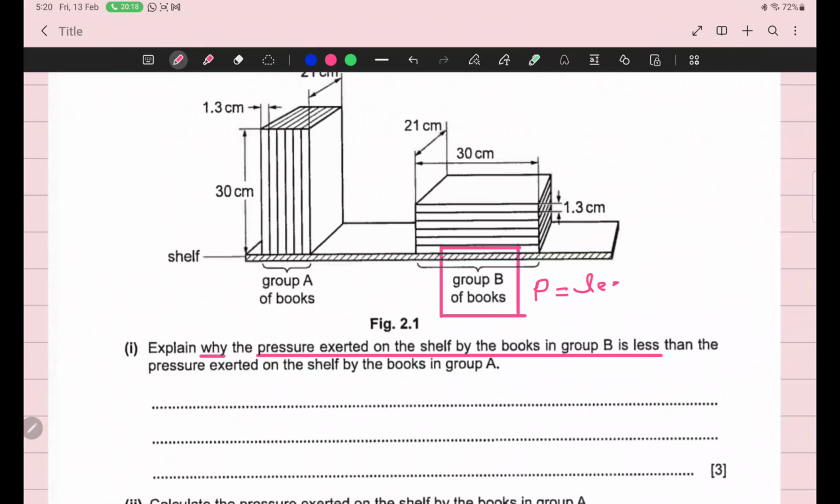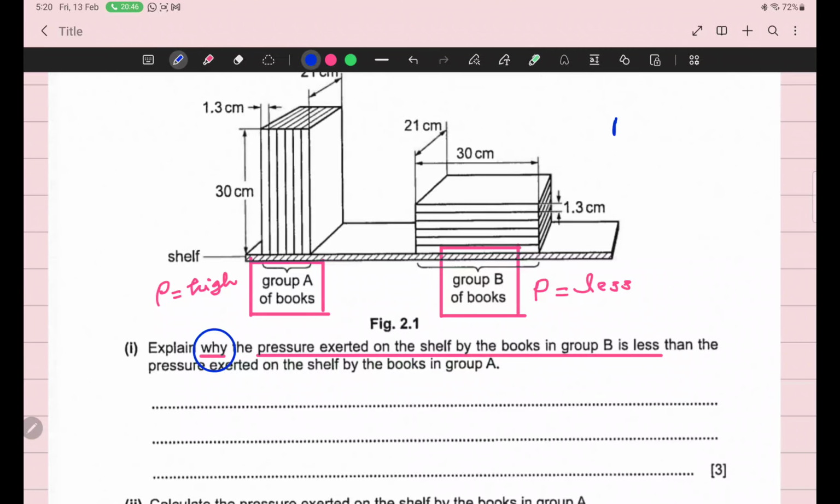The pressure of group B is less, and the pressure of group A is high. There are two groups of books and it is given, and you have to explain why.